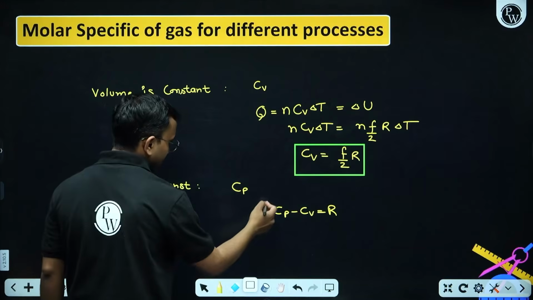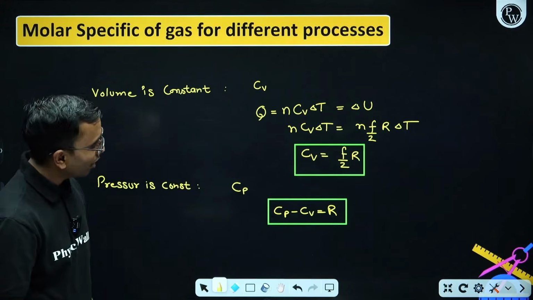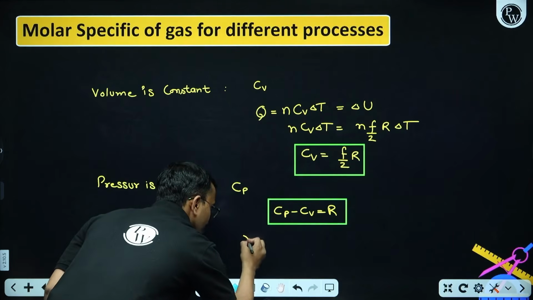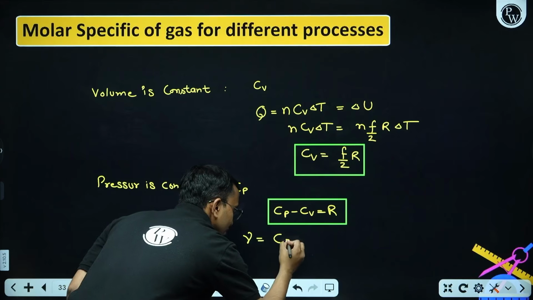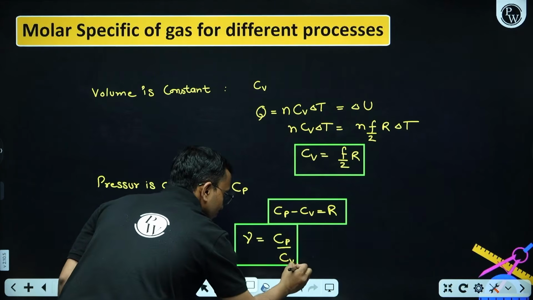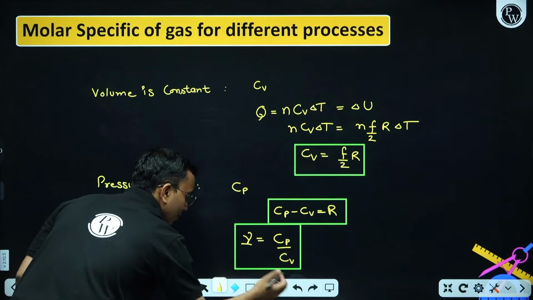As of now, just keep this: Cp minus Cv is equal to R. And the ratio Cp by Cv is my gamma, which we call the adiabatic constant. This gamma is the adiabatic constant.